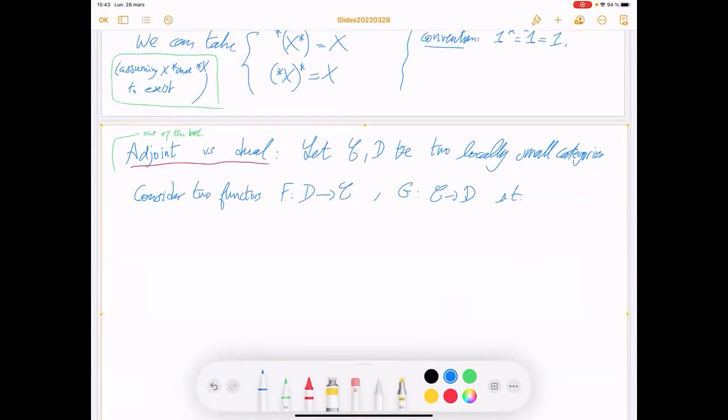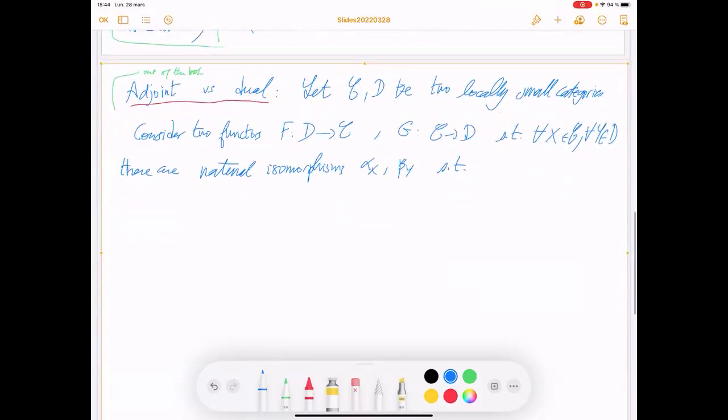So you will see, such that for all x in C, for all y in D, there are natural isomorphisms denoted alpha x, beta y, such that, the following, as follows.